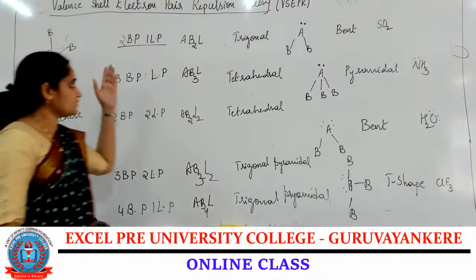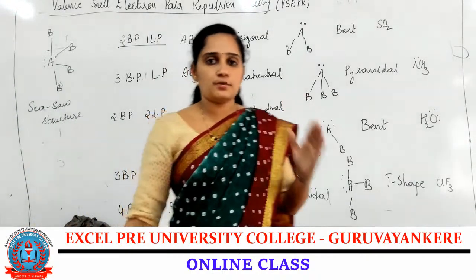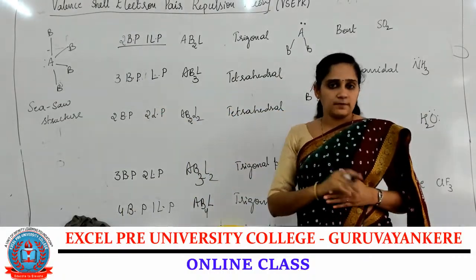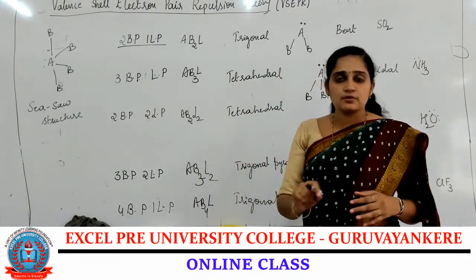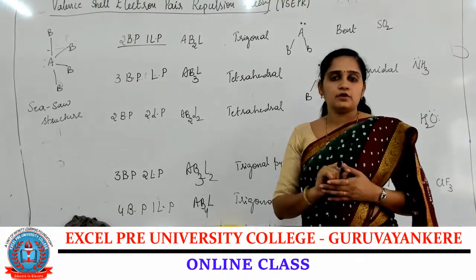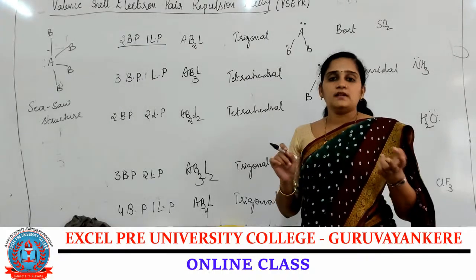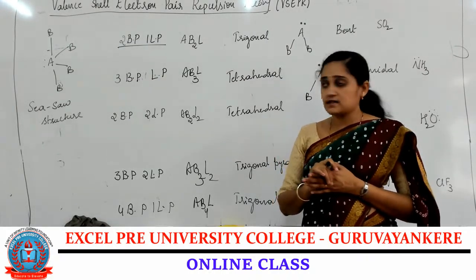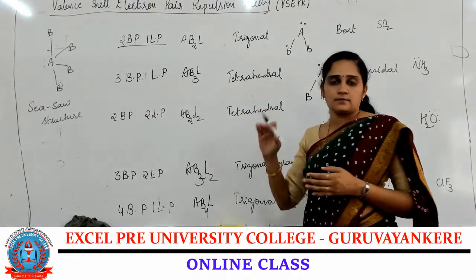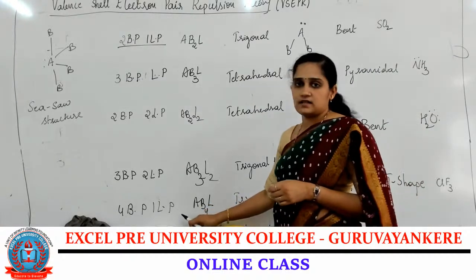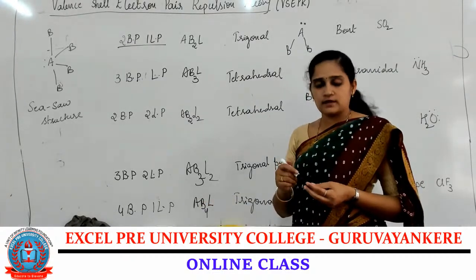So different kinds of geometry formation depend on how many lone pairs of electron and bond pairs of electron. Geometry depends upon total number of electron pairs. Shape of the molecule depends upon how many bond pairs of electron, how many lone pairs of electron are present in it, and these type of questions are important for the competitive part. If it is asking for the NCERT, it will be a 1 mark question.